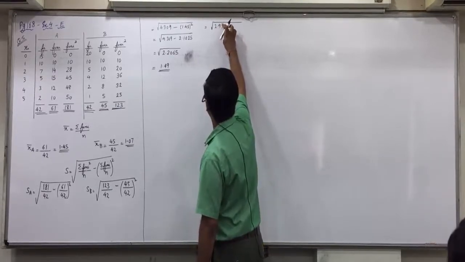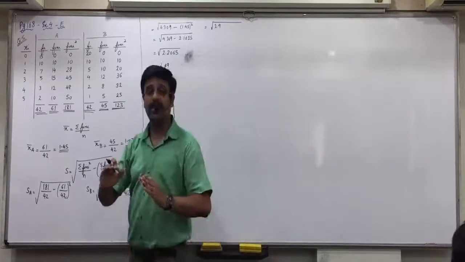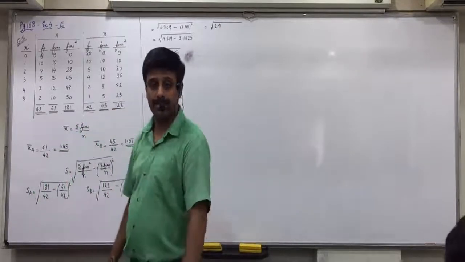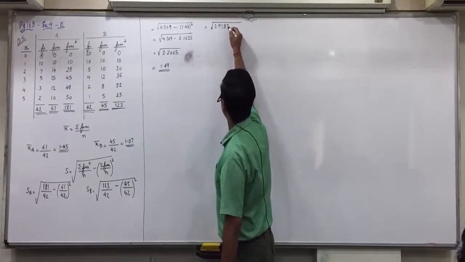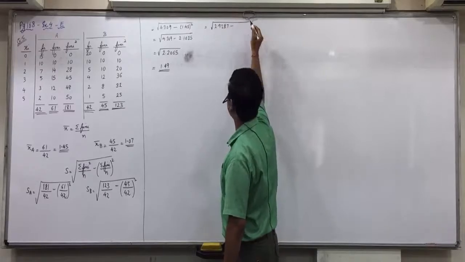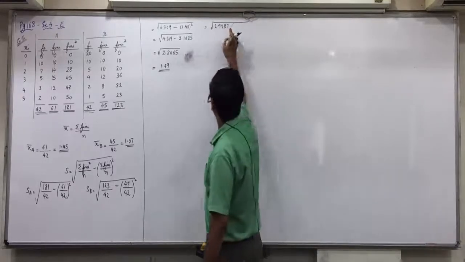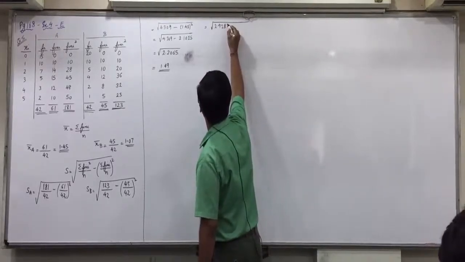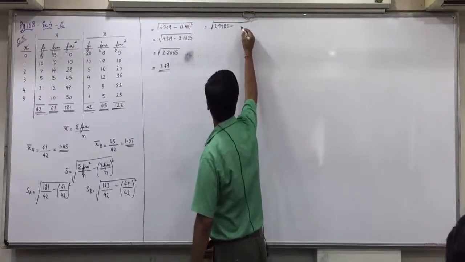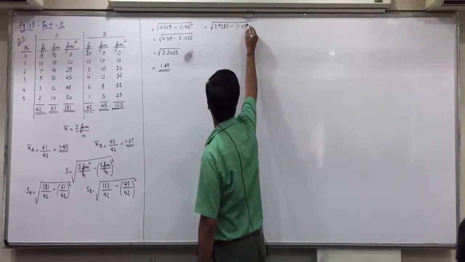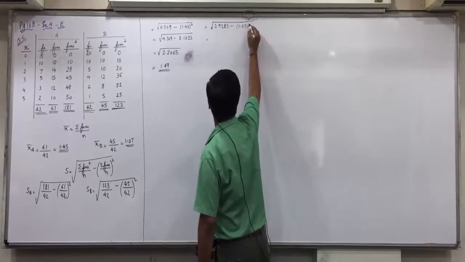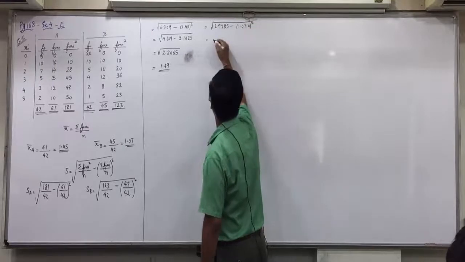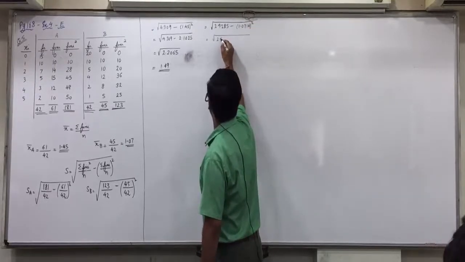Tell me till 4 decimals. What did I tell you until the final answer? Take everything in 4 decimals. So 2.9285 minus 45 upon 42, that is 1.0714, whole square.